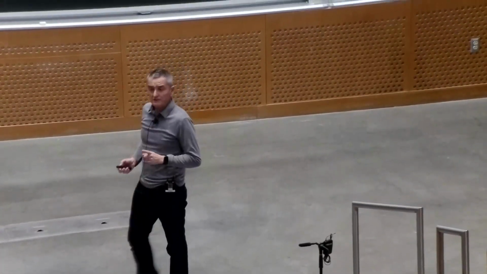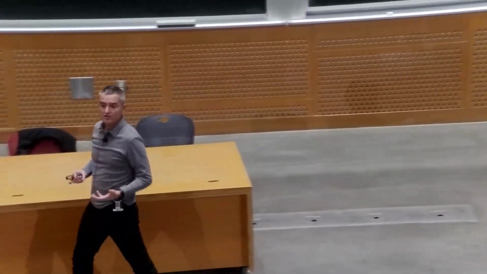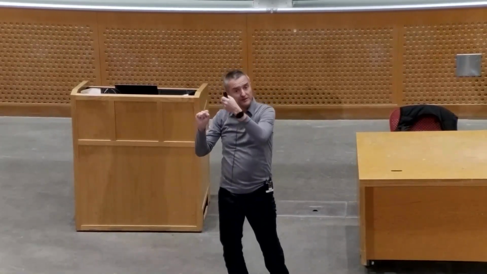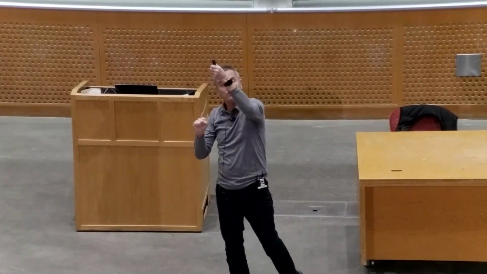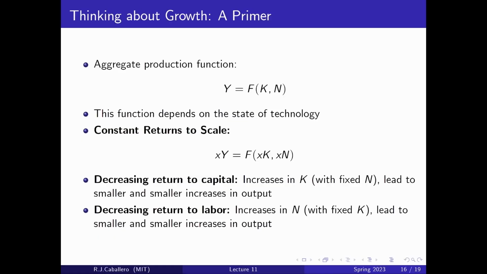But importantly, it also has decreasing returns with each of its factors of production. That means if you move only one factor of production up, you're going to increase output, but as you keep increasing that factor alone, you increase output by less and less, because it has fewer and fewer of the other factor to work with. Okay? And so that's decreasing returns to capital or labor.